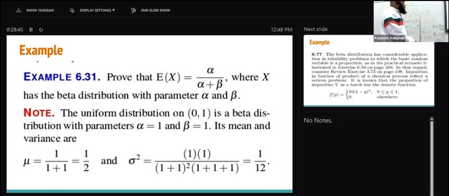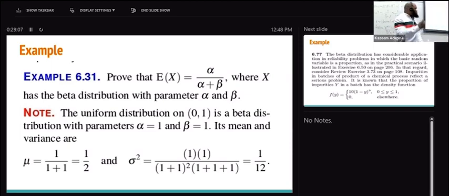Now, when you have 1 and 1, in that situation, the mean of the uniform becomes the mean of the beta. The variance of the uniform becomes the variance of the beta. Let's see what it means. In a uniform, the mean is a plus b over 2, right?